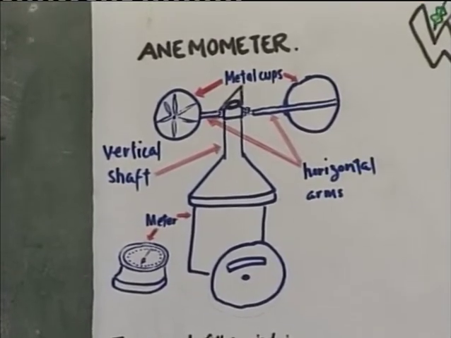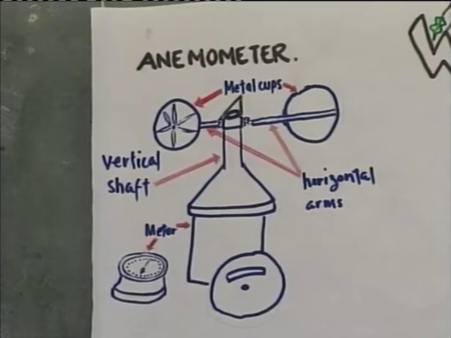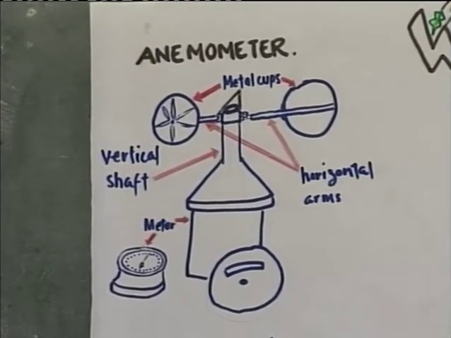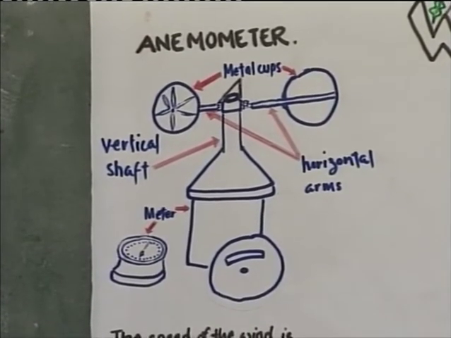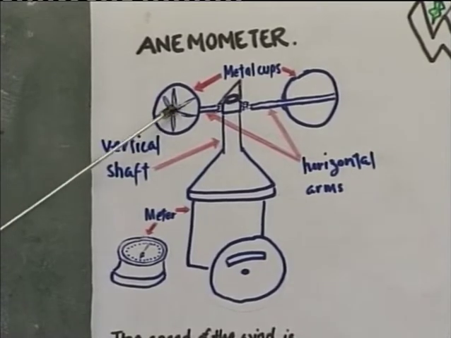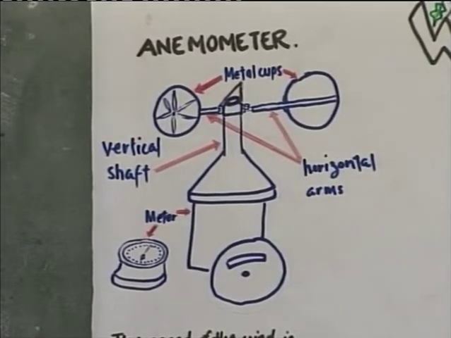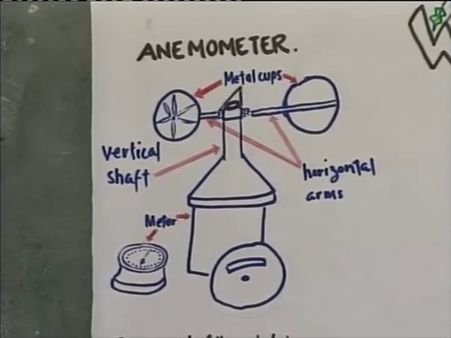Pivoted on a vertical shaft. This is the vertical shaft here. Metal caps are fixed to the ends of the arms so that when there is a wind, the arms rotate. These are the metal caps. This movement operates a meter which records the speed of the wind in kilometers per hour.